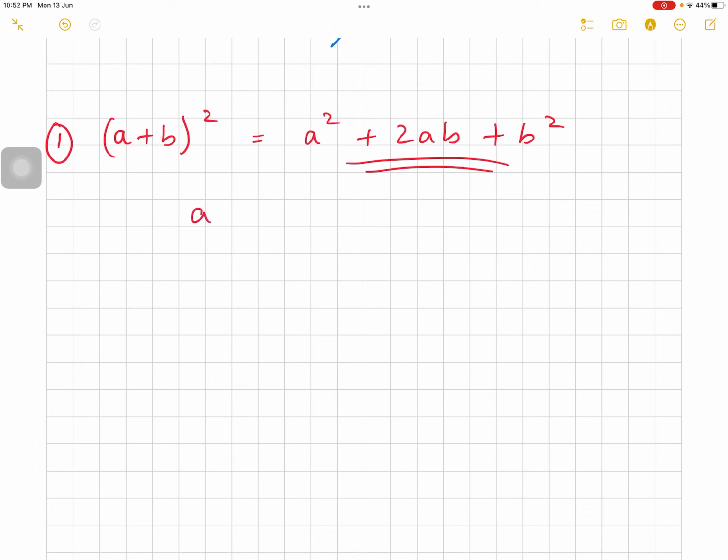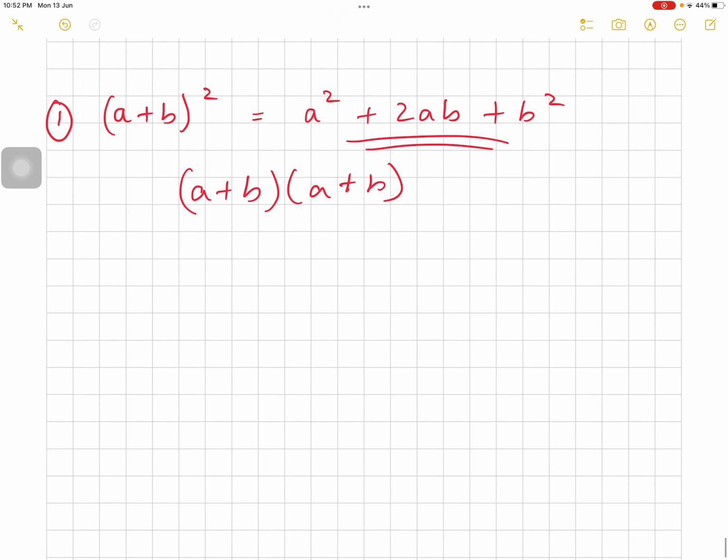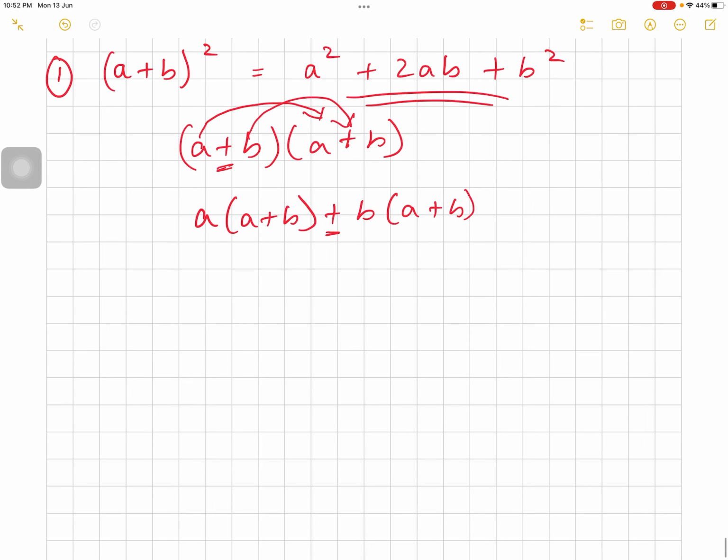Now, a plus b the whole square means a plus b into a plus b. So when you open the bracket, it is a into a plus b plus b into a plus b. How to open the bracket? First a into the whole bracket, then plus b into the whole bracket.